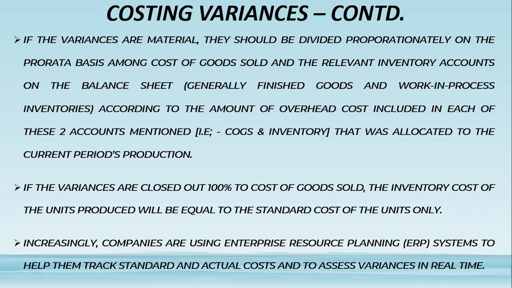If the variances are closed out 100% to COGS, the inventory cost of the units produced will be equal to the standard cost of the units only. Increasingly, companies are using enterprise resource planning, that is ERP systems, to help them track standard and actual costs and to assess variances in real time.